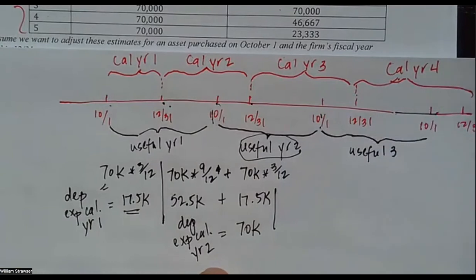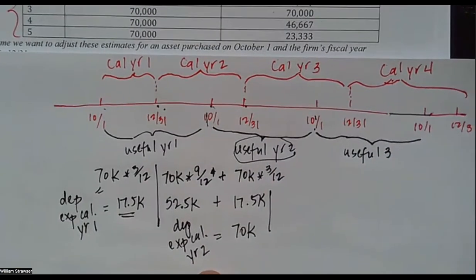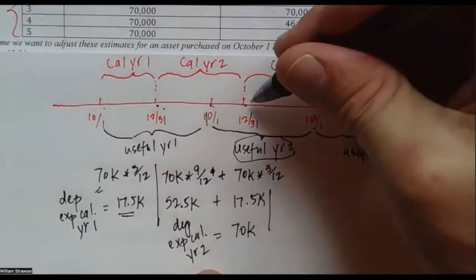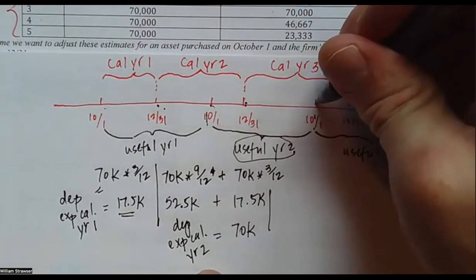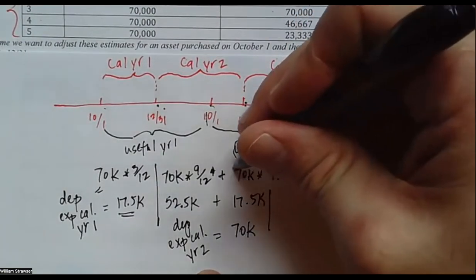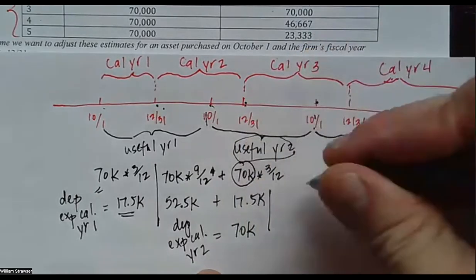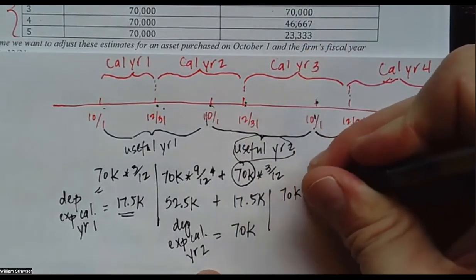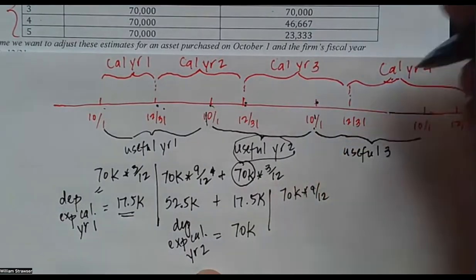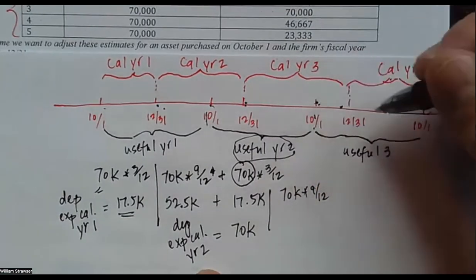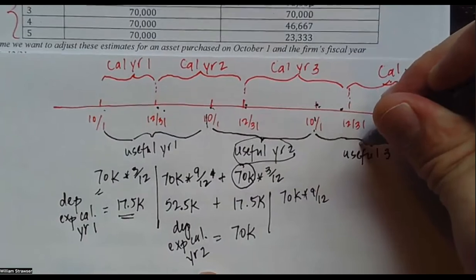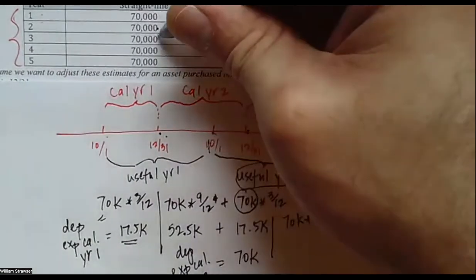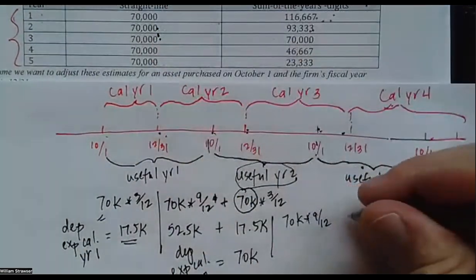It's going to be the same story for calendar year 3, because in calendar year 3, we'd have the same 9 months here times the second useful year's depreciation expense. It would be 70K times 9/12. And then the final 3 months would use useful year 3's depreciation, but because we're using straight line, it's still 70,000.